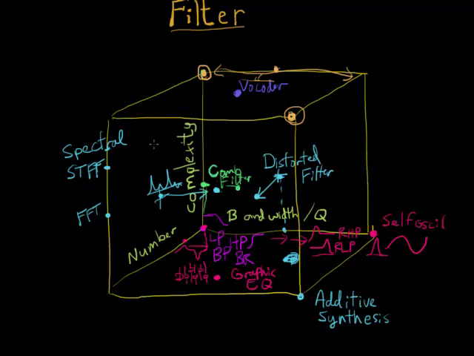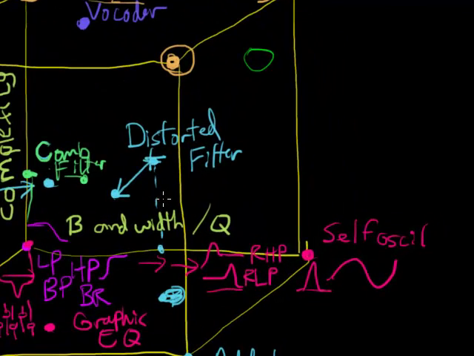Where are there places that things are missing in this mapping into this space? Okay, so that's the main idea behind this.